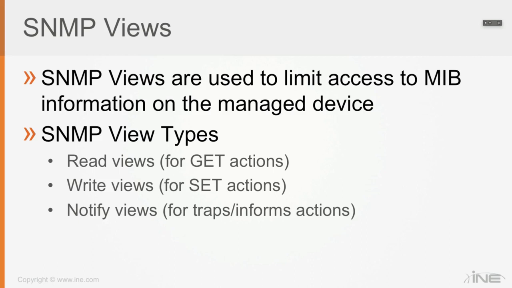Write views, which are for set actions, when the SNMP manager configures or sets something on the managed device. And notify views, which are used for traps or informs, when the agent is going to notify the manager about something going on.